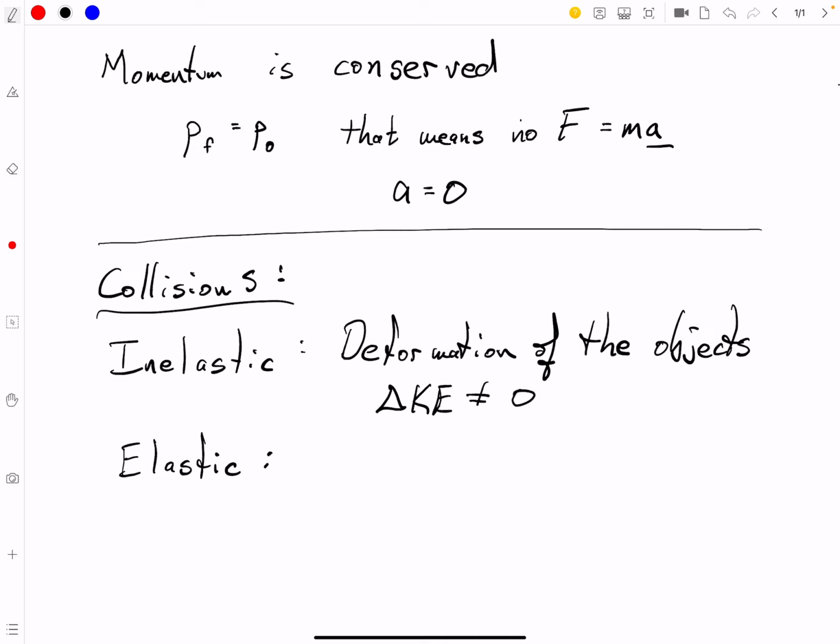So we call them elastic collisions, and elastic collisions have delta E, or delta kinetic energy, equal to 0.